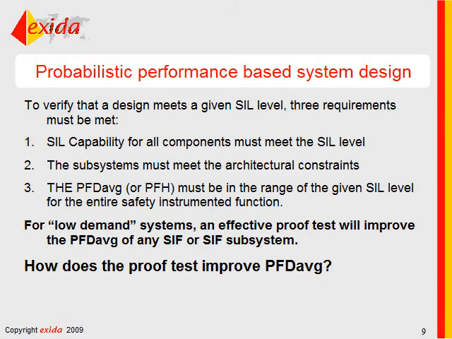So when it comes to the probabilistic performance-based system design, there are a total of 3 requirements that a safety instrument function must meet, or the conceptual design of that function must meet, in order to meet a specific safety integrity level.